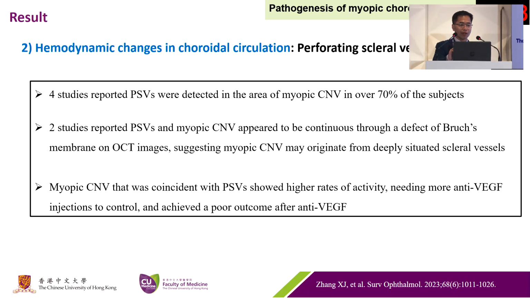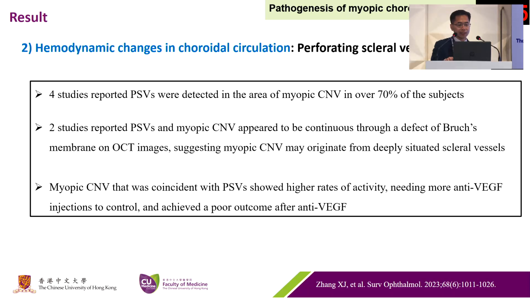The perforating scleral vessel could also be related. A field report has mentioned that PSV were detected in areas of myopic CNV in over 70% of the subjects, and two studies have reported that PSV and myopic CNV can be continuous through the defect of Bruch's membrane, suggesting that myopic CNV can originate from a deeply situated scleral vessel.